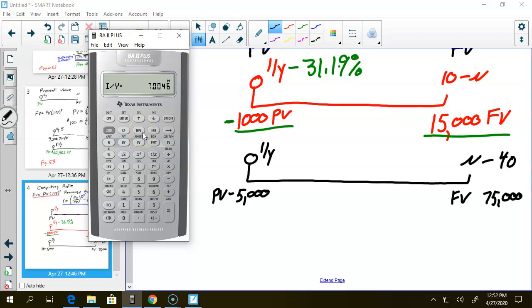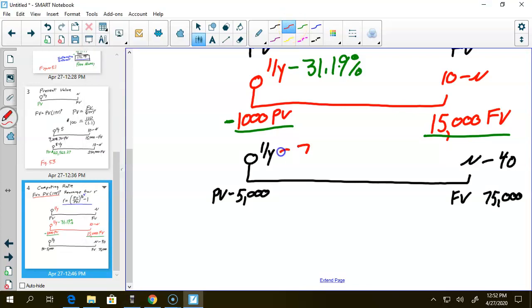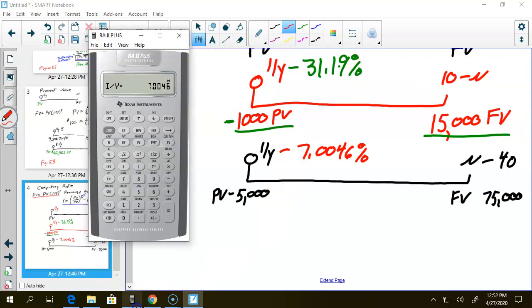When we're talking about interest rate, 7.0046%. I really want to try to get in the habit of taking my interest rate out 4 decimal places, that's just going to be better for us, because these thousandths and 10,000ths of a percent, when we're going long term, can really make a difference on the value of our answers there.